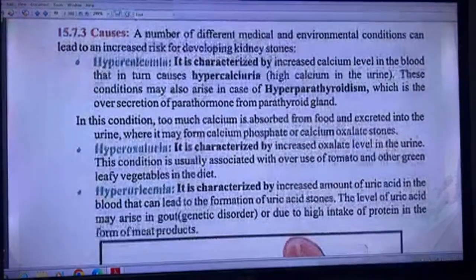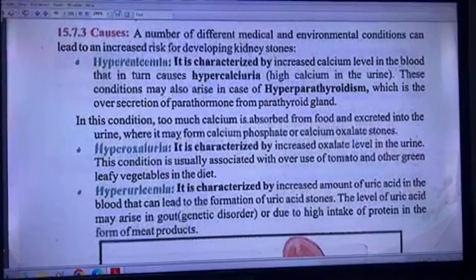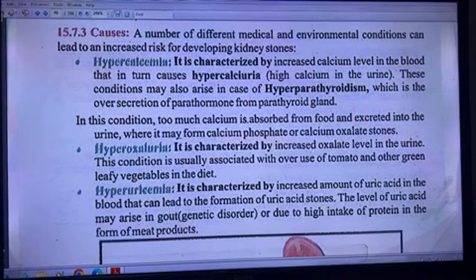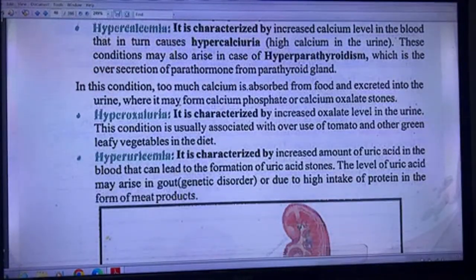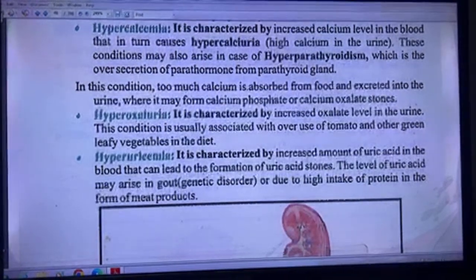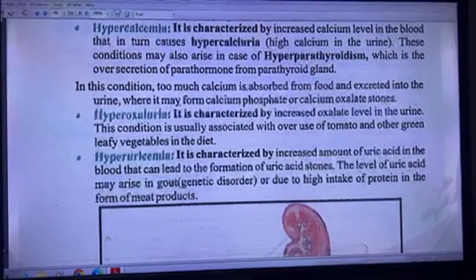Causes. A number of different medical and environmental conditions can lead to an increased risk for developing kidney stones. Hypercalcemia is characterized by increased calcium level in the blood. That in turn causes hypercalciuria, high calcium in the urine.